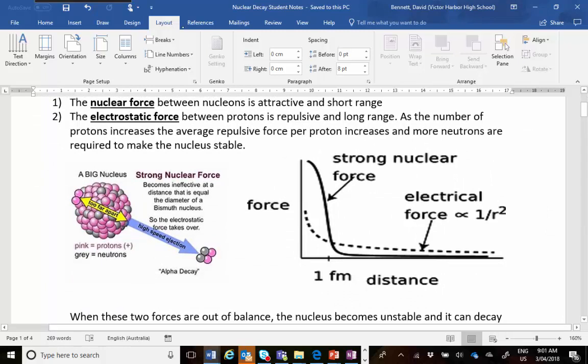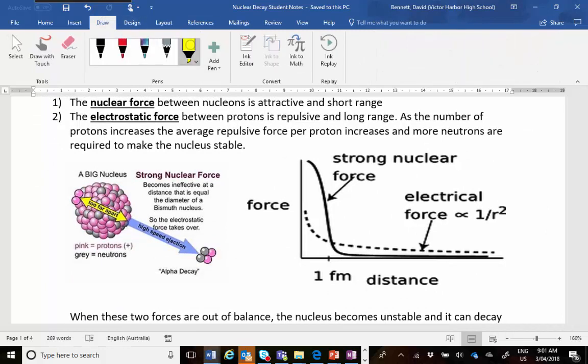Over a very short range, this strong nuclear force is in fact stronger than the Coulombic force. That strong nuclear force is stronger than the electrostatic force that's going to pull the atom apart.